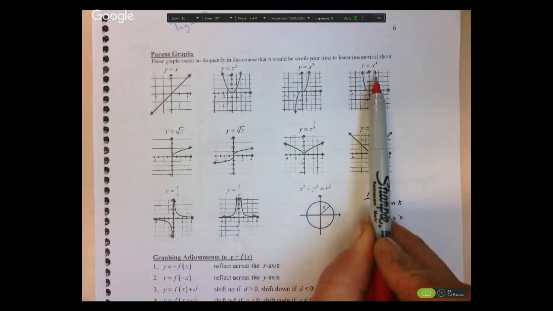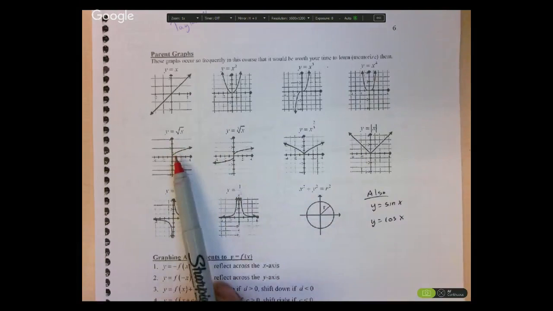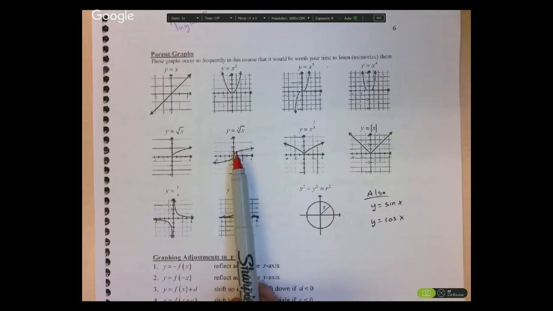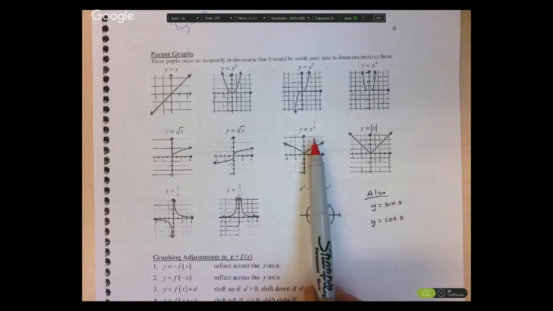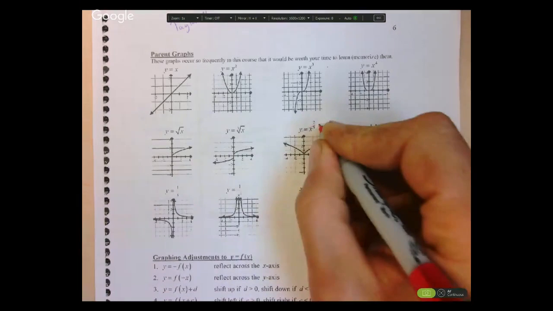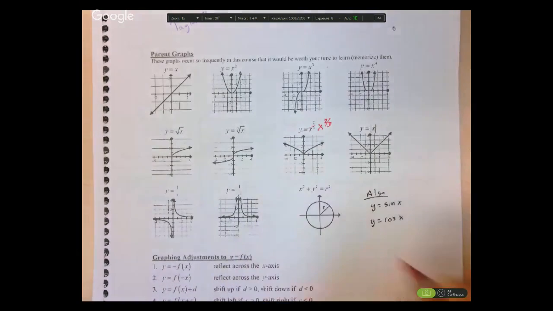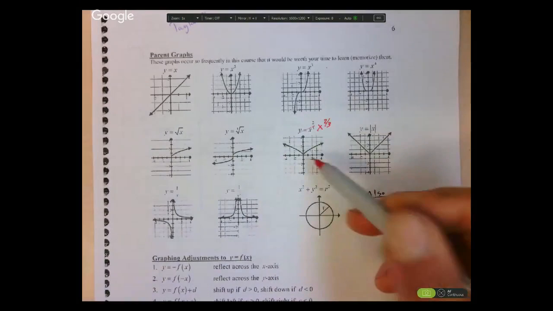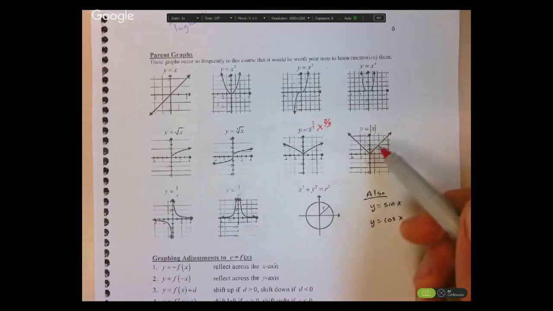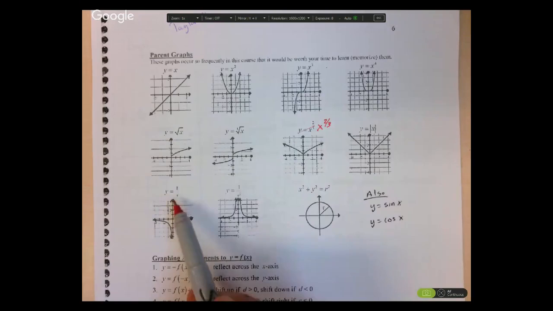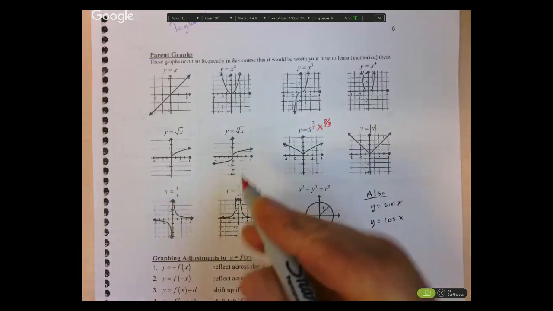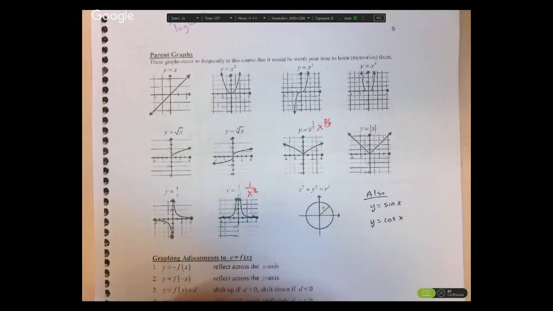Those are your polynomials. And you have your radicals, root and cube root x. This one's very important: x to the 2/3. It comes up a lot. Absolute value x, 1 over x, 1 over x squared.